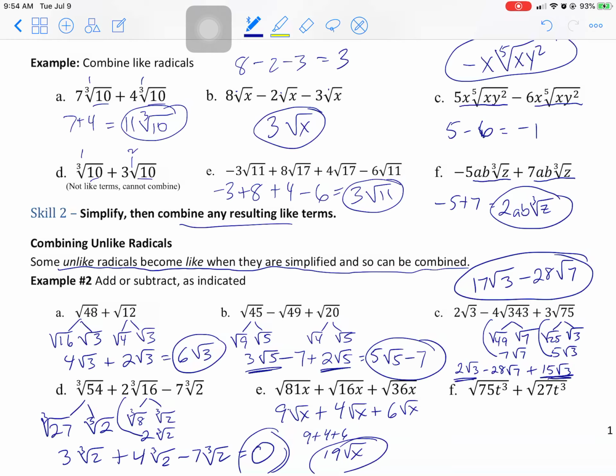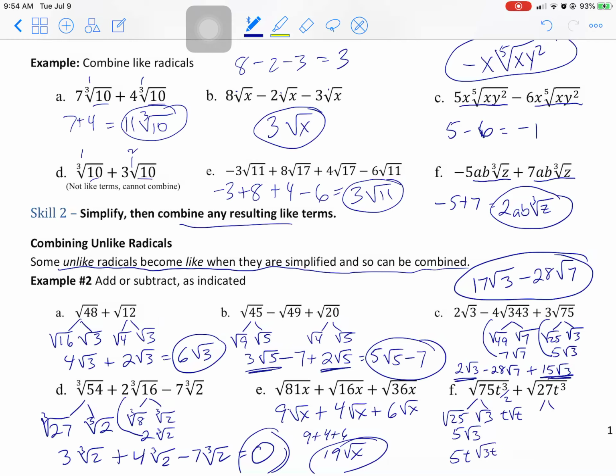Okay? And then this one, square root of 75, 25 and 3, 5 square root of 3. The t's, 1 comes out, 1 stays in. So this is going to be 5t square root of 3t.